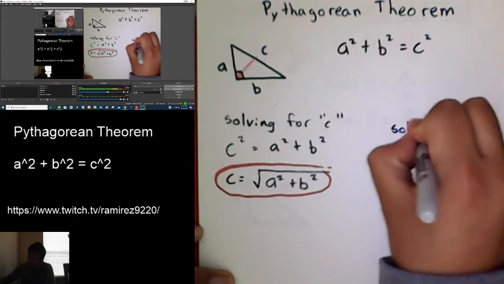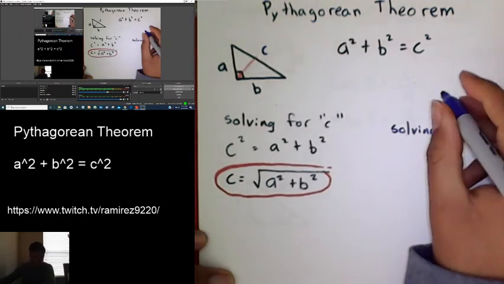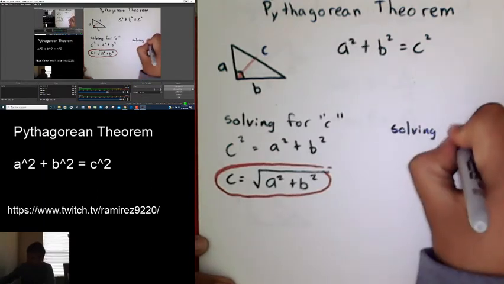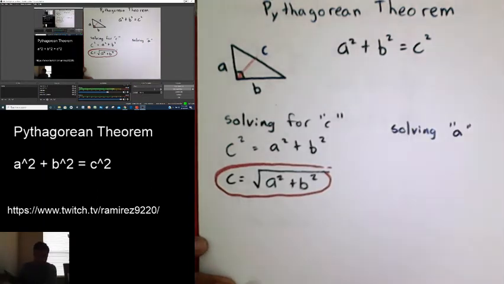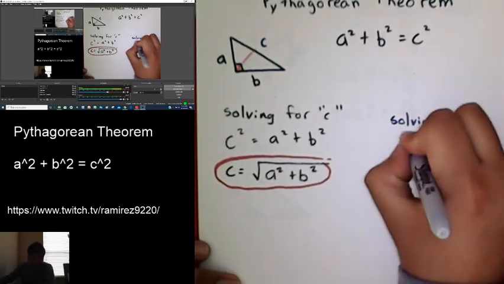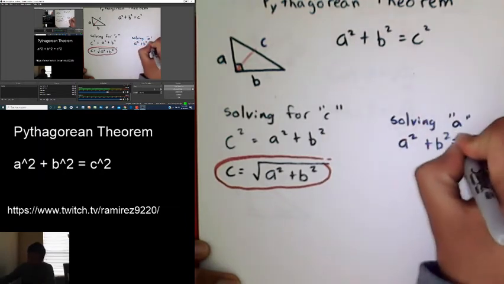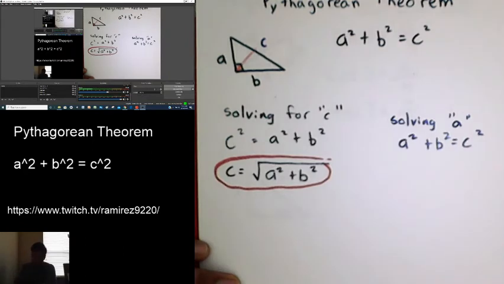If you were solving for a leg, in this case I'm going to pretend I was solving for a. Now a and b are interchangeable because when you label, c is the only one that matters. So it initially starts the same, a squared plus b squared is equal to c squared, right? But this time I am solving for a.